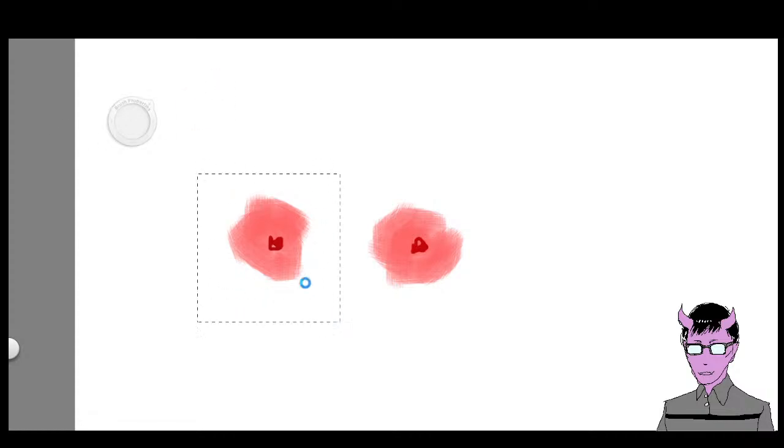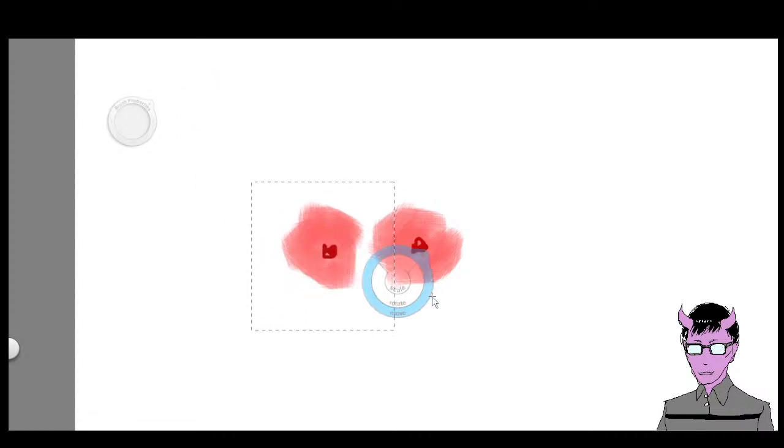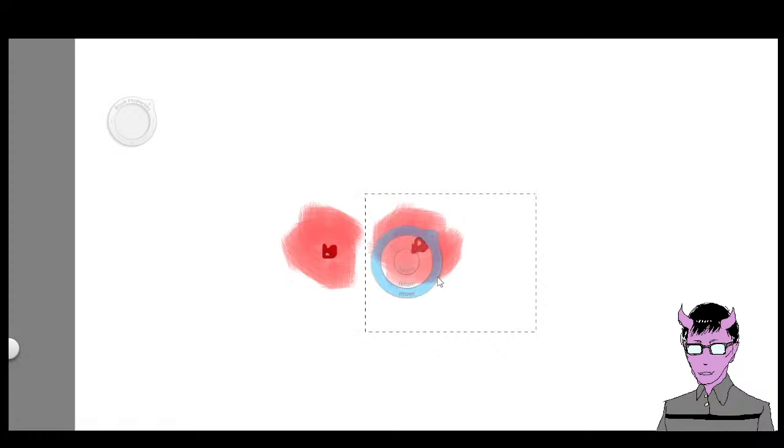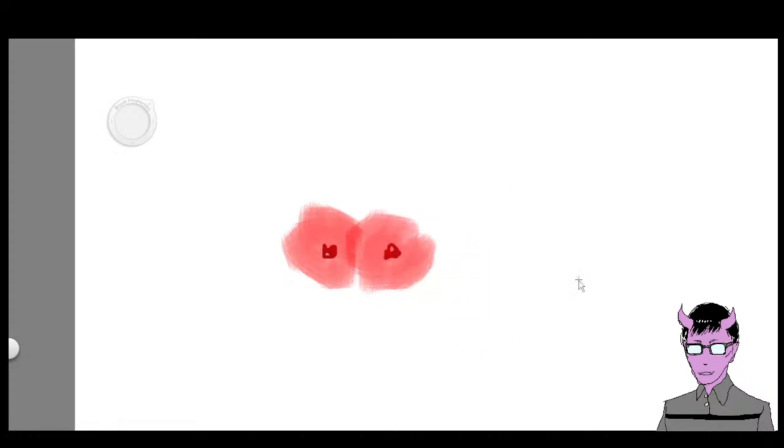What we can have is atom number 1 next to atom number 2. They get close enough, and what ends up happening is atom number 2 steals electrons fully from atom number 1.